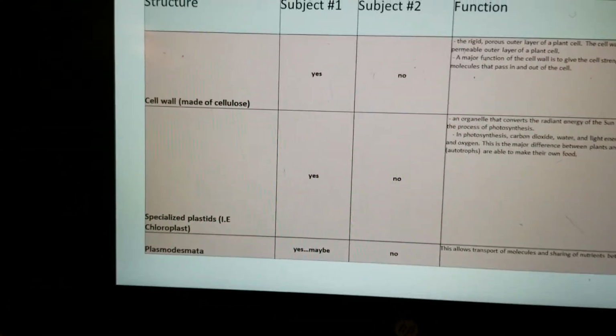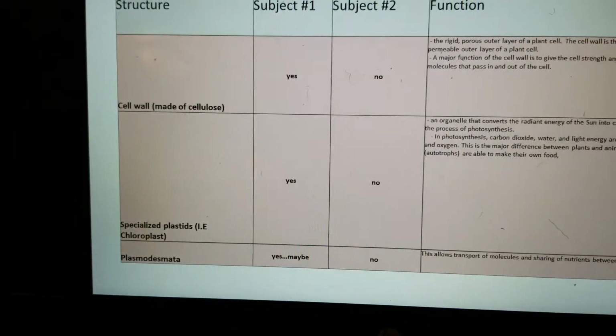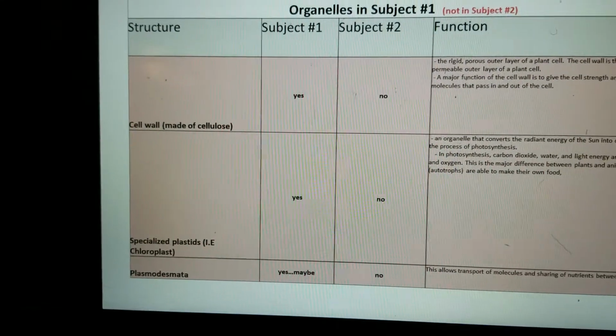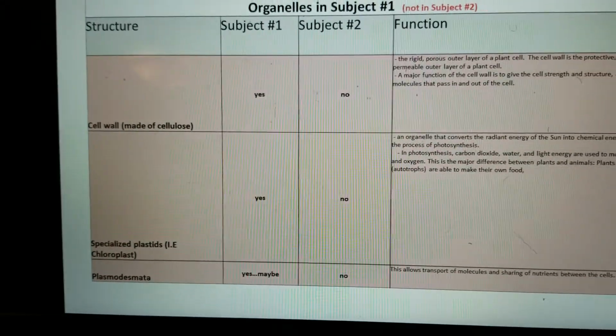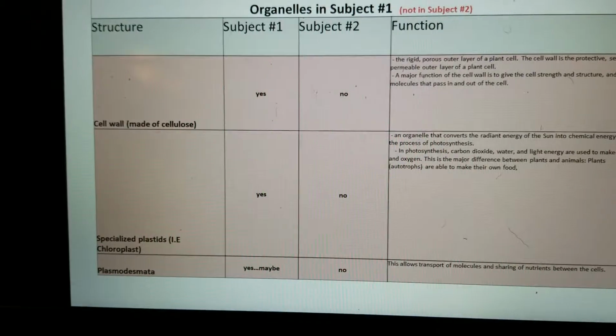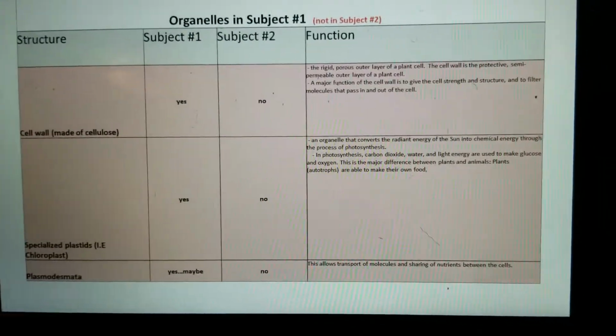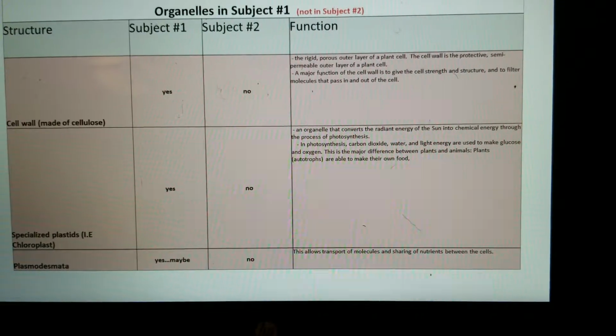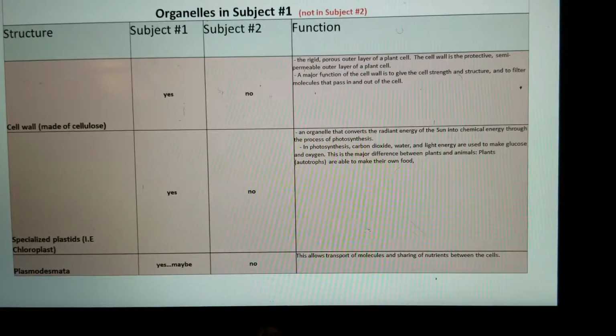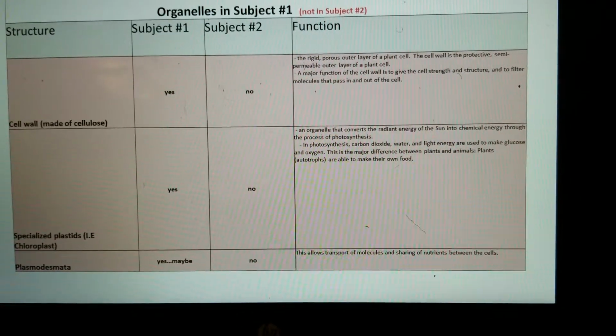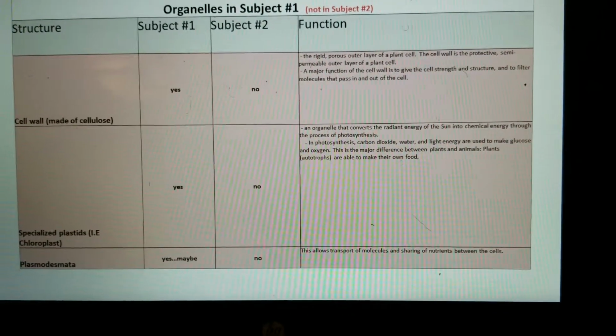And then we have the plasmodesmata. In subject number 1, it is sometimes apparent, and in subject number 2, it is not. And this allows transport of molecules and the sharing of nutrients between the cells.